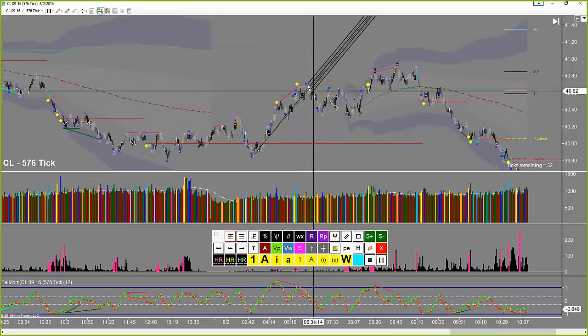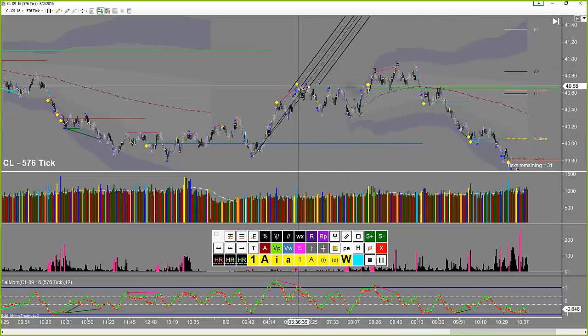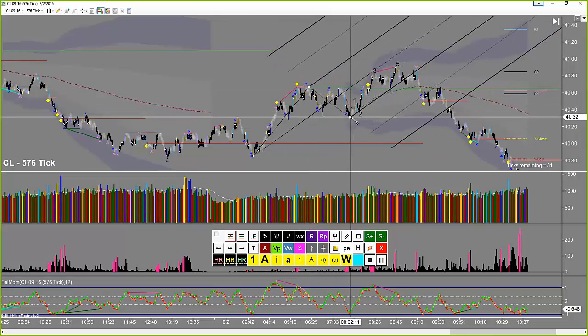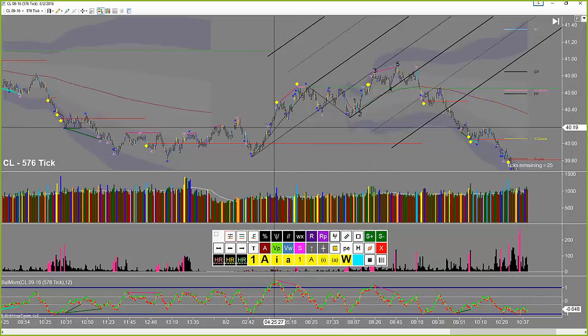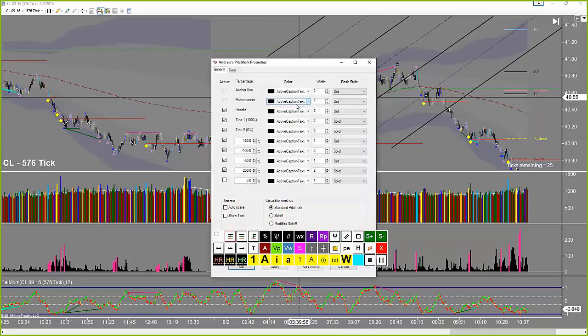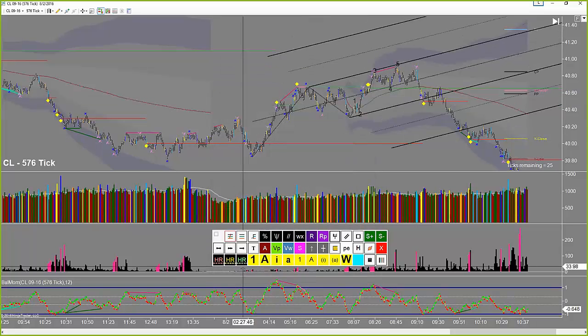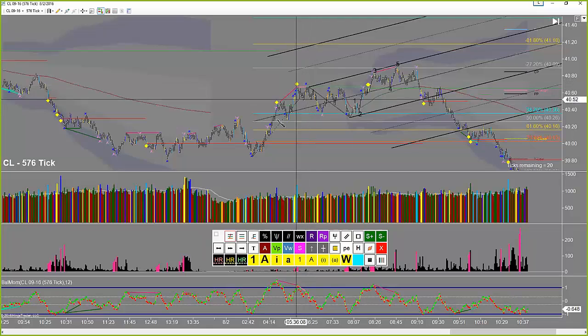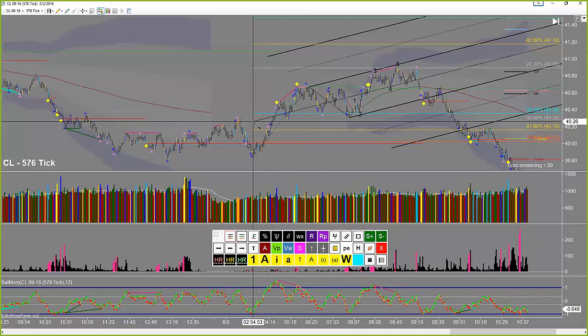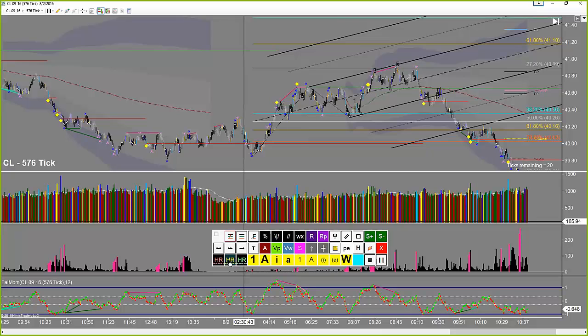I'll use the high here as it makes a double top, and then the low, and it's a little too steep, so we set it to shift, which brings the anchor of the median line to the midpoint here, and it anchors it on the start bar right there. See? That's your shift.